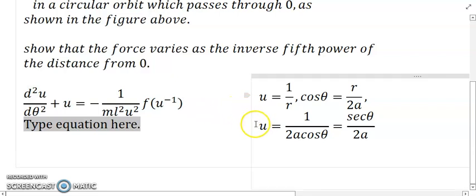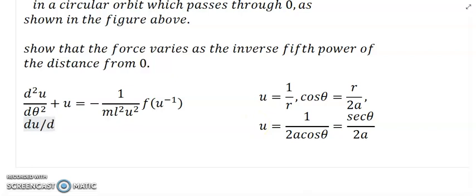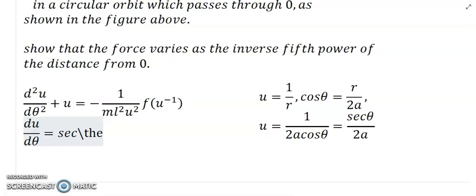The first derivative is dU over d theta equal to, if we differentiate this for the first time, don't forget that the derivative of secant theta is secant theta tangent theta, so we get secant theta tangent theta divided by 2a.